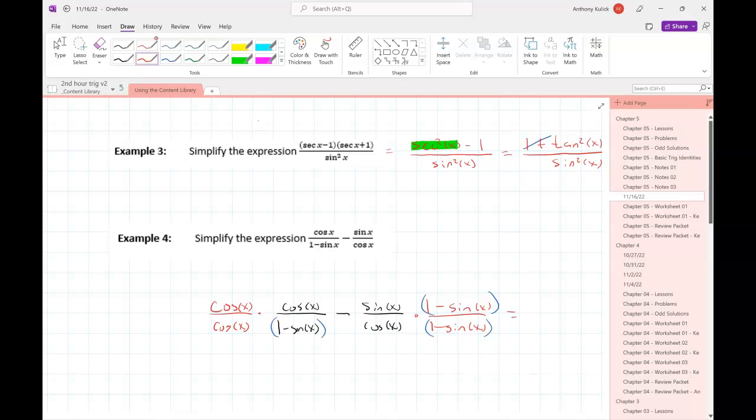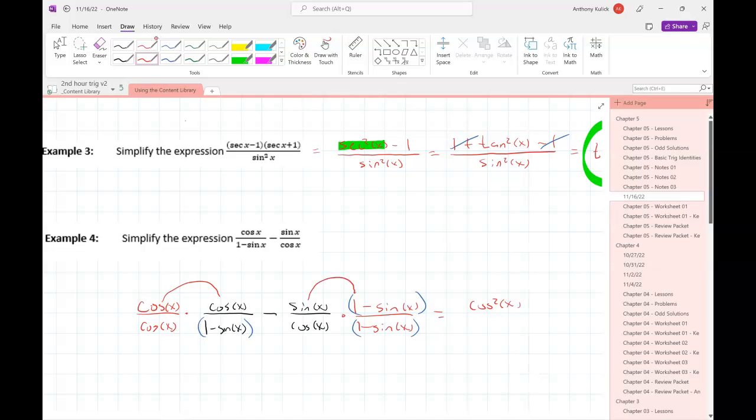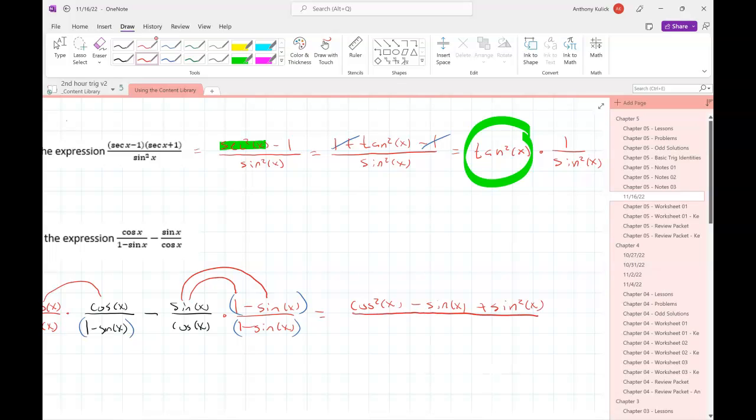All right. Cosine times cosine is cosine squared x. Negative sine x times 1 is negative sine x. Negative sine x times negative sine x is positive sine squared x. And the denominator here, I'm going to just leave.